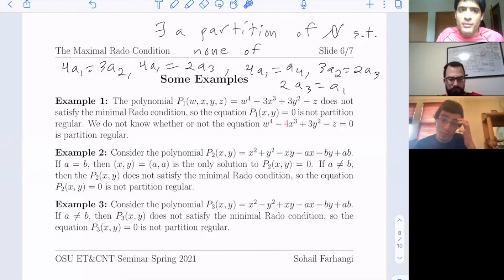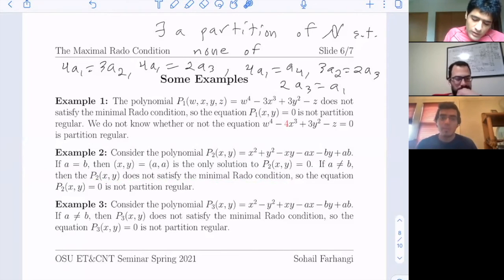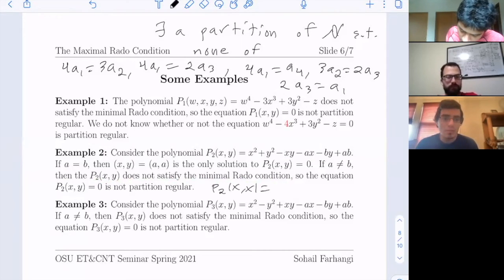I'll direct you to their paper if you're interested. The only thing that's maybe easily checkable and worth checking here is we just see that P2 of x, x is equal to x squared minus ax minus bx plus ab, which is x minus a times x minus b.